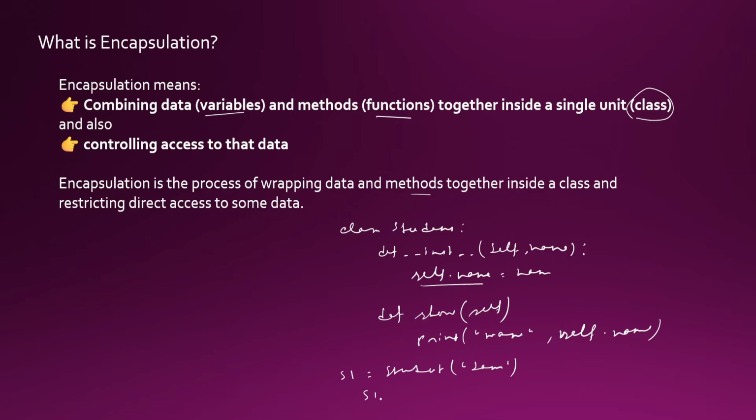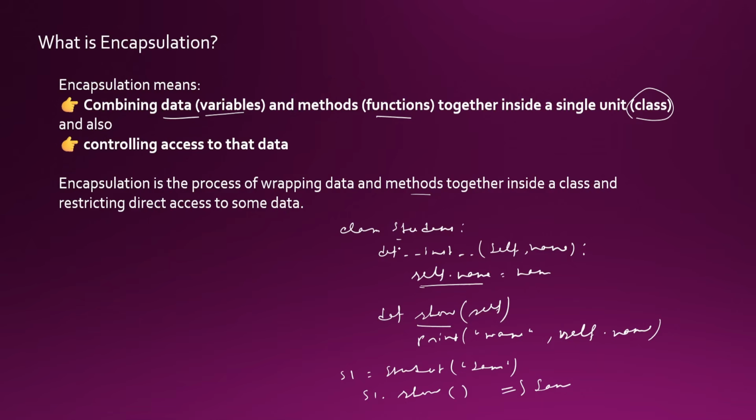Now if we write s1.show, then we'll get the output as Sam, right? That means this is my class student, and inside the student I have included my variable, that means this data, and another is method. Okay, that means function.